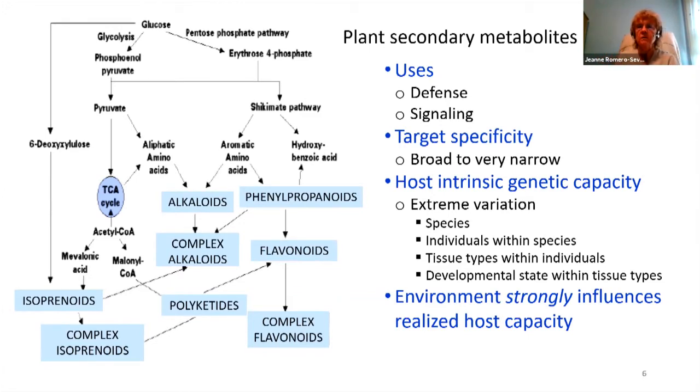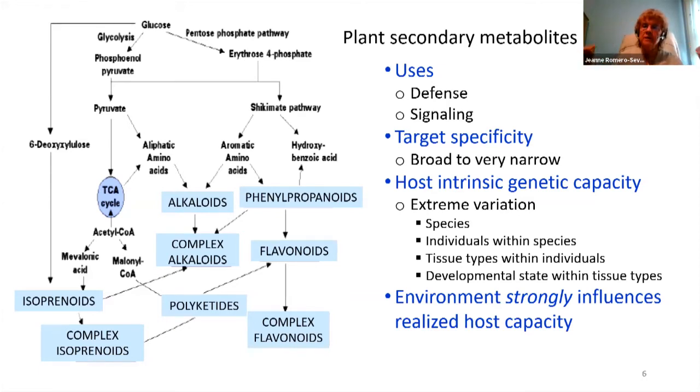We know that Chinese chestnut, a good healthy Chinese chestnut, is probably not going to die of blight. And yet an American chestnut is going to die of blight. And what's the difference there? We want to know what is that subset of metabolites that makes that difference. Well, and why are there differences anyway?